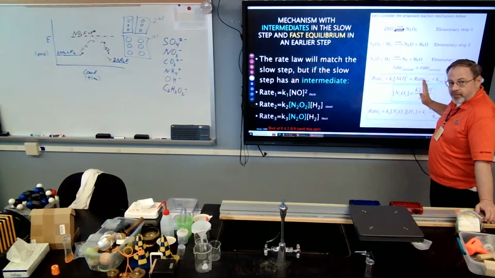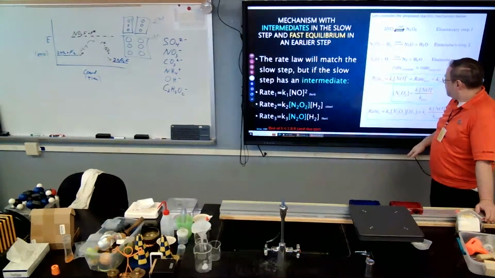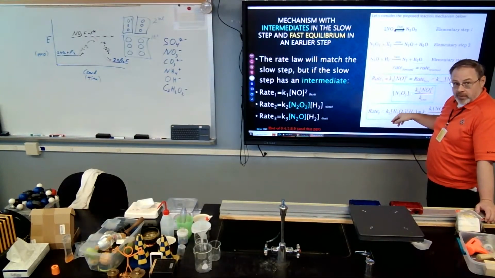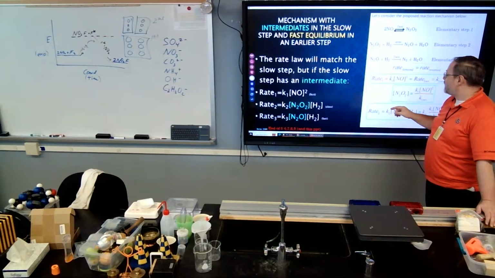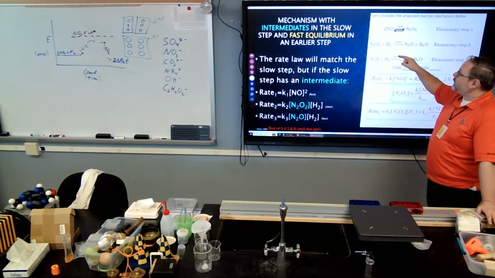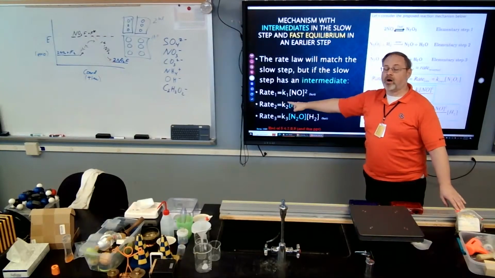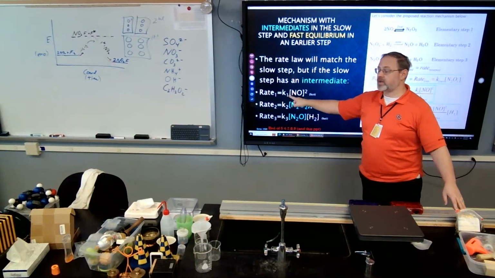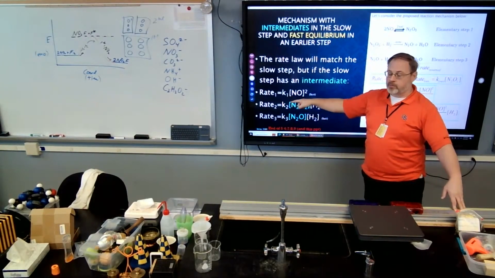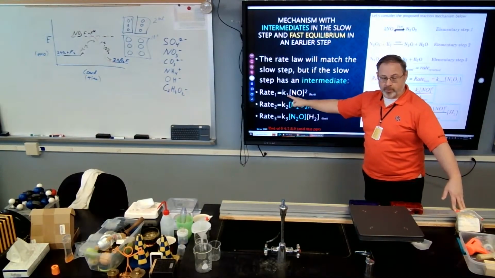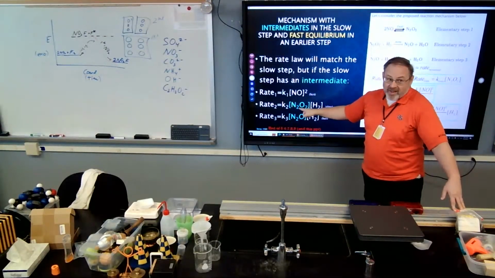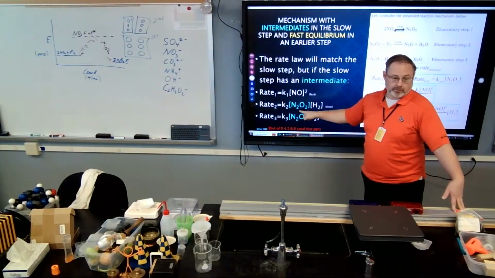Don't worry about the math. Because they're not going to actually give you any numbers for K. You just need to understand that the K you use is not only the K for the slow step. It also includes the inverse of the K from the previous step. Because the components of the previous step replace the intermediate in the slow step.